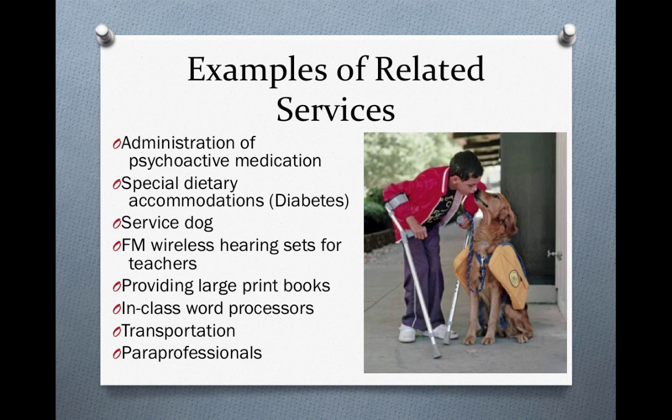Examples would include any type of medication administration that has to be done in the school, any kind of dietary help or support, a service dog, any type of hearing or technology device needed, large print books, in-class technology, transportation, and paraprofessionals.